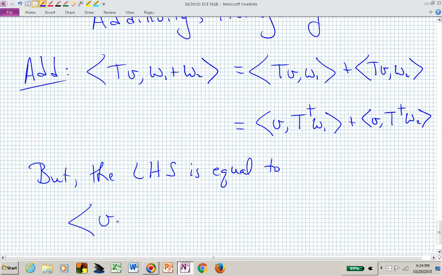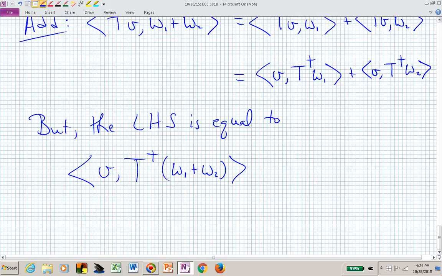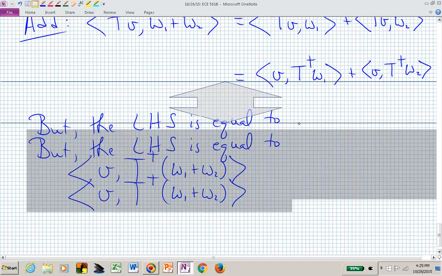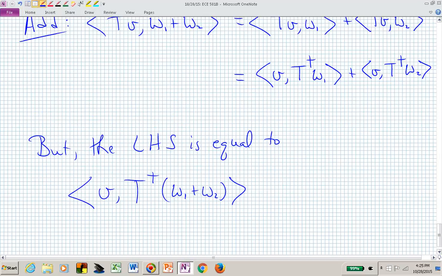We end up with V in the first slot, and then T dagger operating on W1 plus W2. And now if we simply equate, well, what I failed to do, I skipped a step. So I can cut my paper and add in some more, sorry.